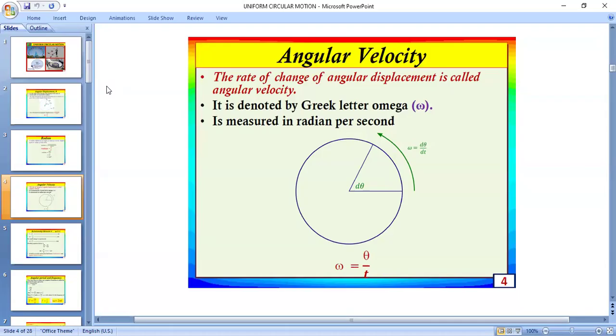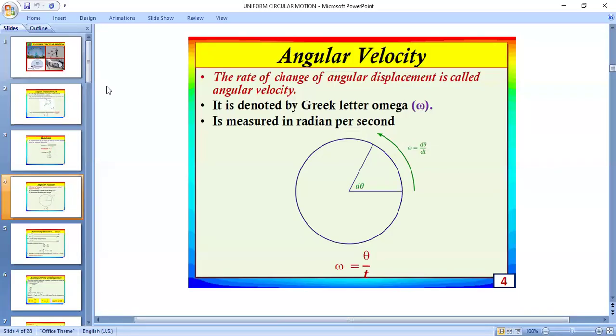Therefore, omega equals theta over t. Therefore, this omega equals s over r divided by t, which gives us s over rt.